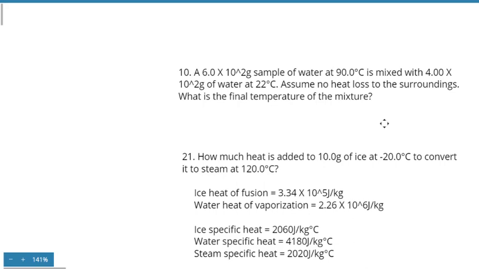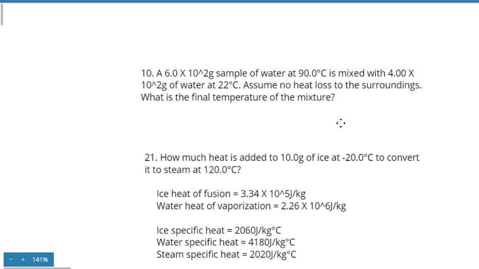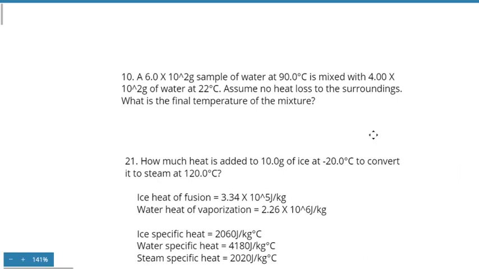So to solve this, we first need to realize that the heat lost by the 90-degree sample is equal to the heat gained by the 22-degree sample.